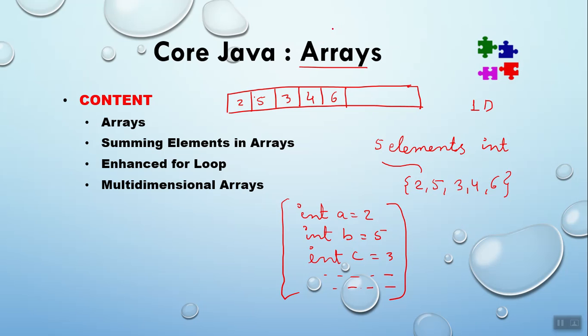An array is a kind of container which contains homogeneous values. Homogeneous means the same type of values. So if it is an int array, you can only store values like 2, 5, 3, 4, 6, but not 5.3.